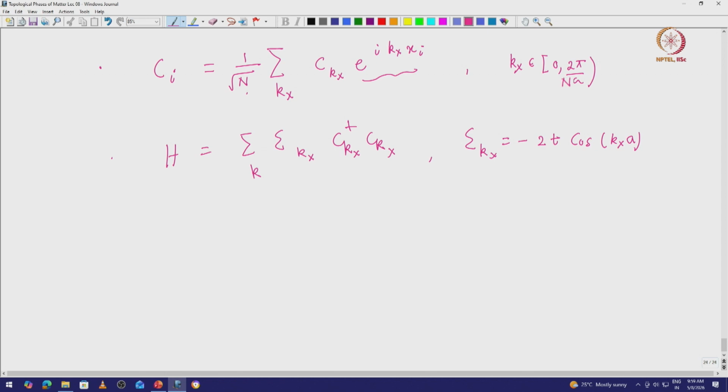One does not always write this; it is often implicit that there is a multiplication of a, and these are defined with respect to a.